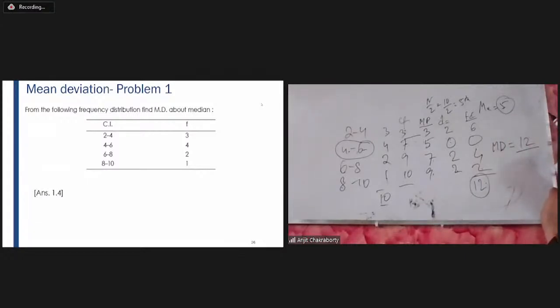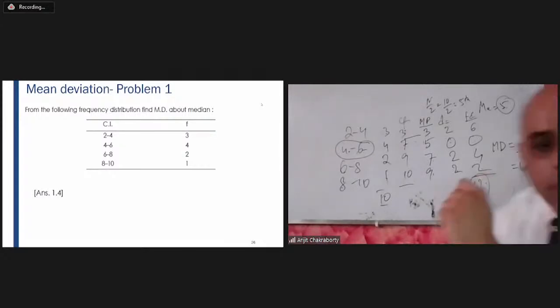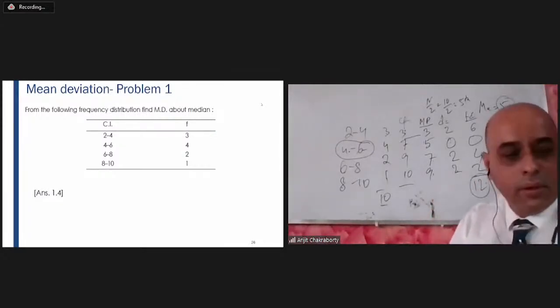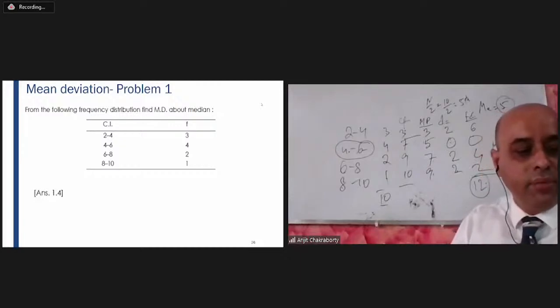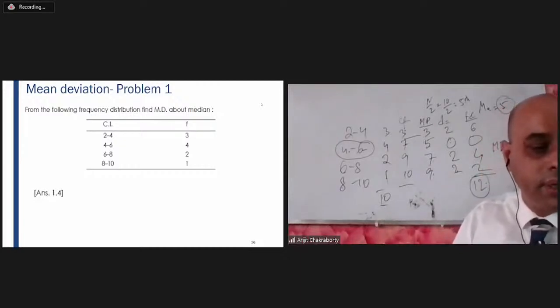So it is 12. Mean deviation is 12 divided by 10, which should come to 1.2. So this is how we are calculating mean deviation about the median.